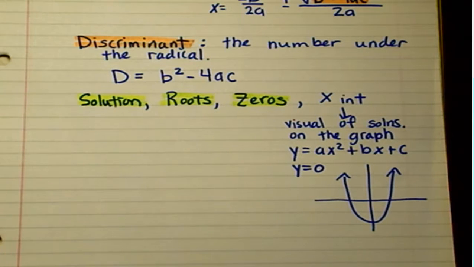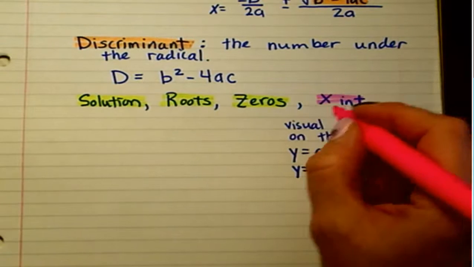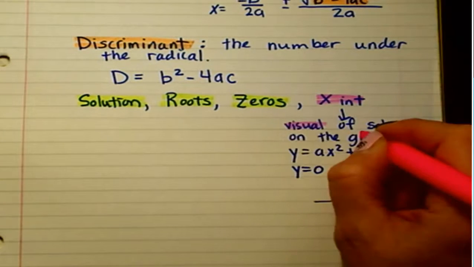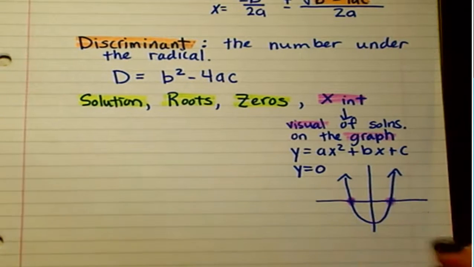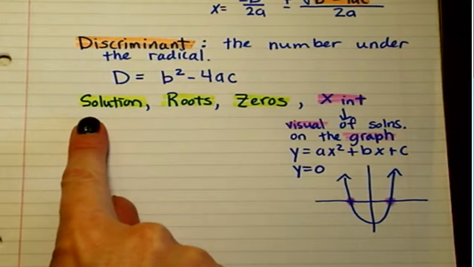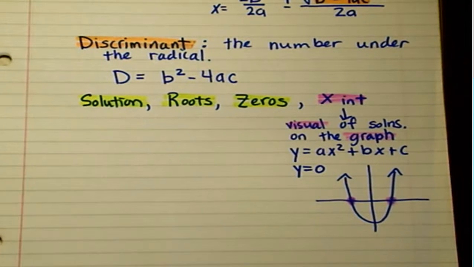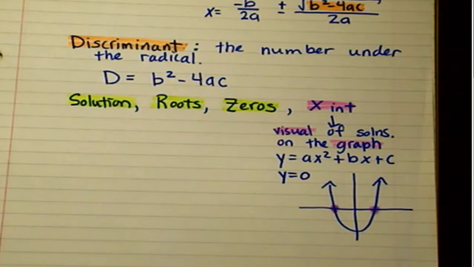And the x-intercept is the visual on the graph. This and this. It's a visual interpretation of the solution, roots, or zeros. Okay? Today, we're mostly going to focus on the yellow part. As we move through the unit, we're going to start talking about that pink part.